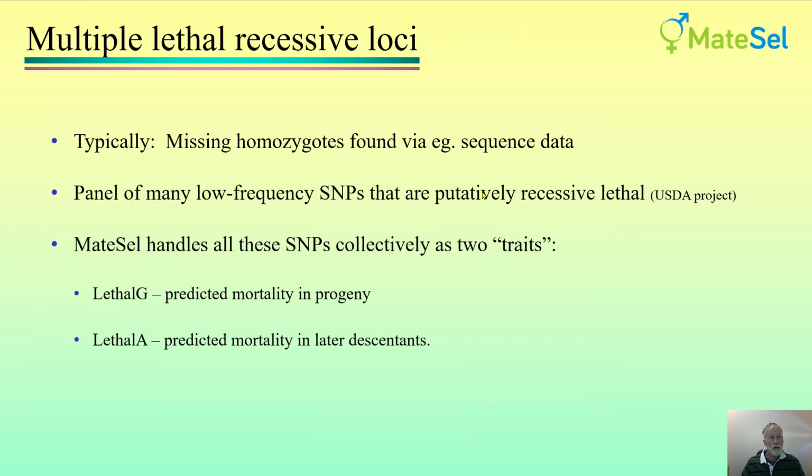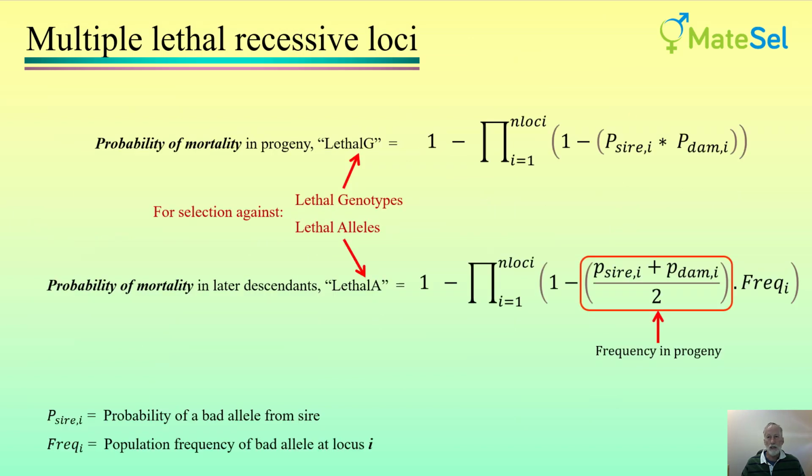Let's look and see how we construct Lethal A and Lethal G. For any one mating, we're looking at the probability of mortality in the progeny from that mating. And that's this construct here. So this is mortality, and it is really constructed of 1 minus survival. It's easier to look just at survival. This P here is the probability that the sire has transmitted the bad allele at locus i. And likewise for the dam here.